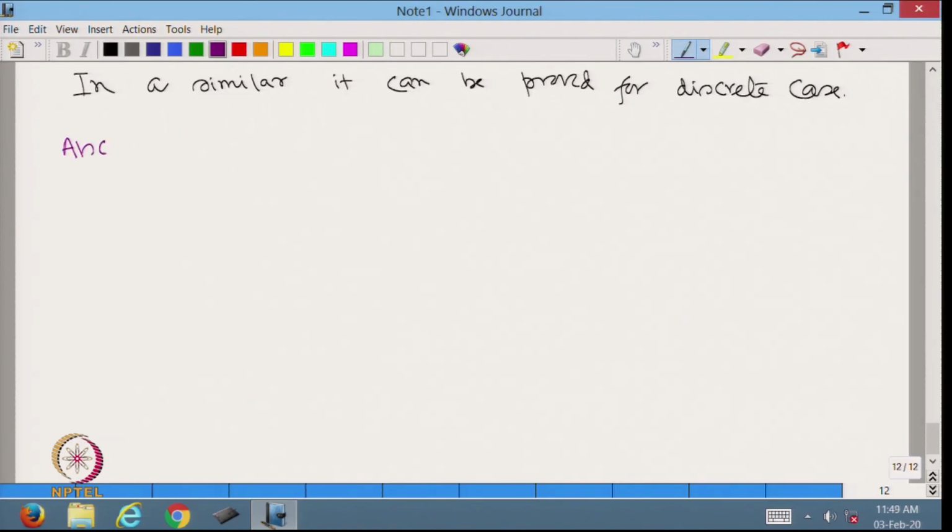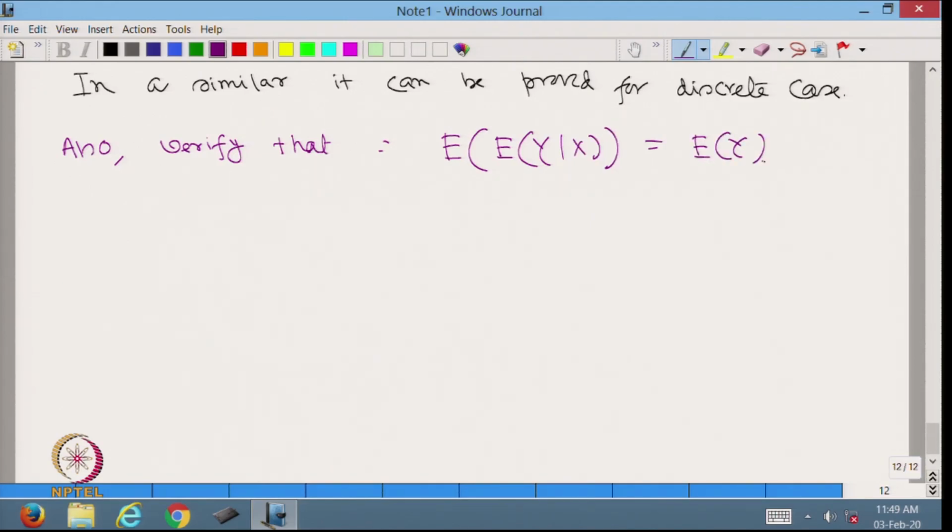Also, verify that expected value of y given x is equal to expected value of y.